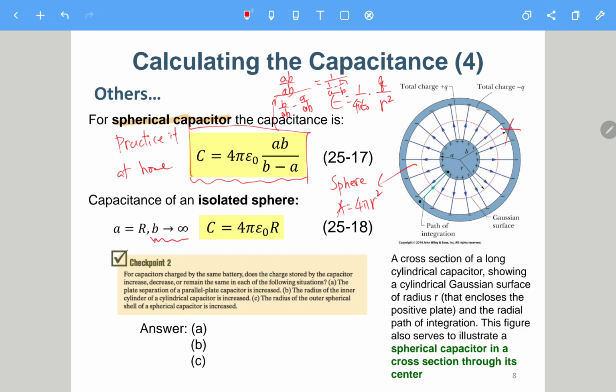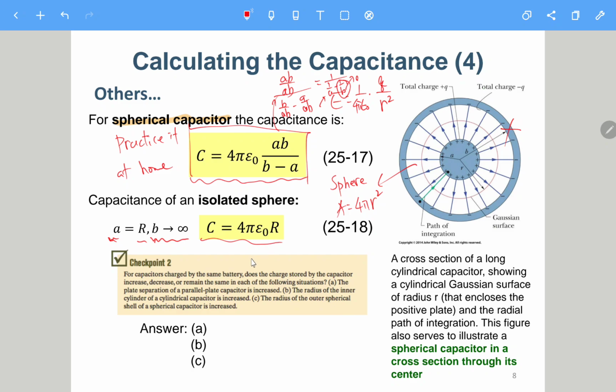With B tends to infinity, this thing will be 0, and then for 1 over A, we denote A to be capital R, so 1 over A is 1 over R. So it turns out to be 4 pi epsilon naught R. This is for the isolated sphere.